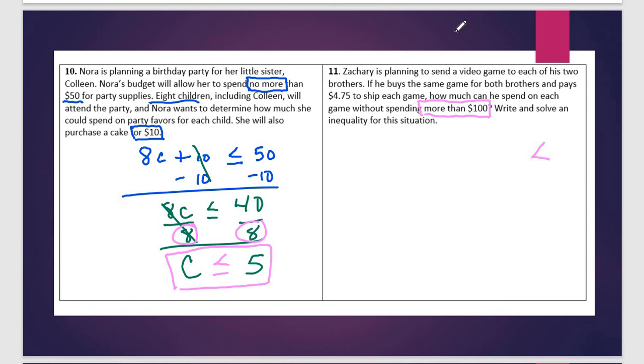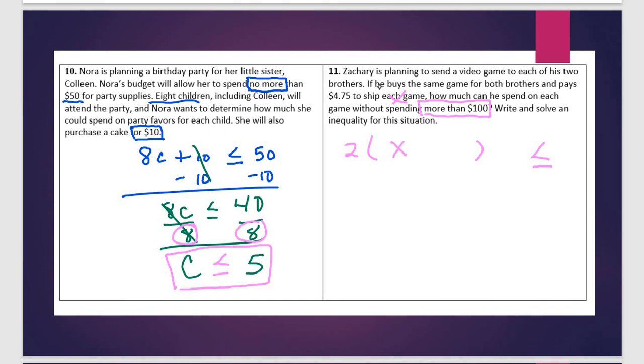He cannot spend more than that. Now, as I look at this right here, he can spend exactly $100, but he cannot spend more than this. So you have 2 brothers right here. And he's going to buy the same game for both brothers and pays $4.75 for shipping.